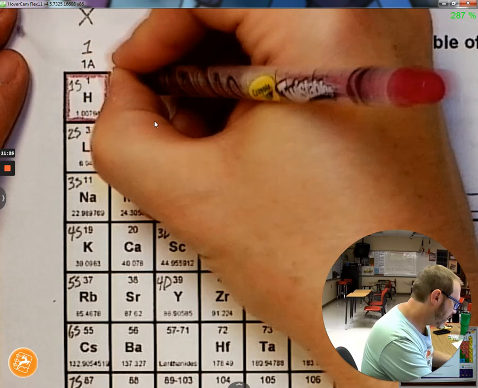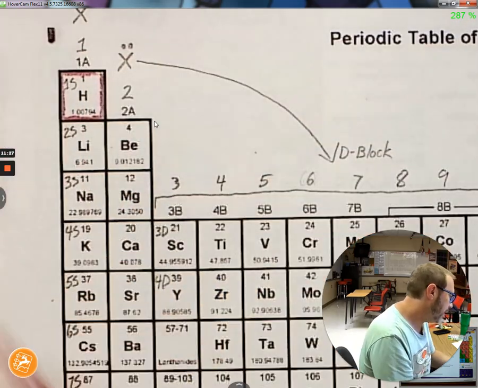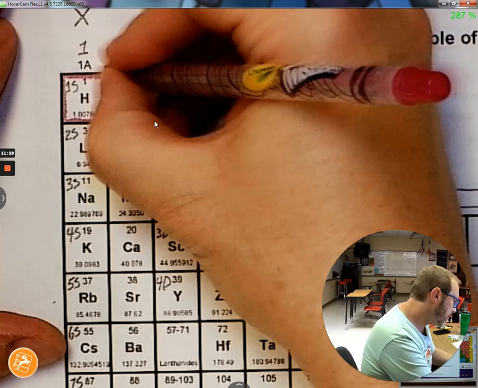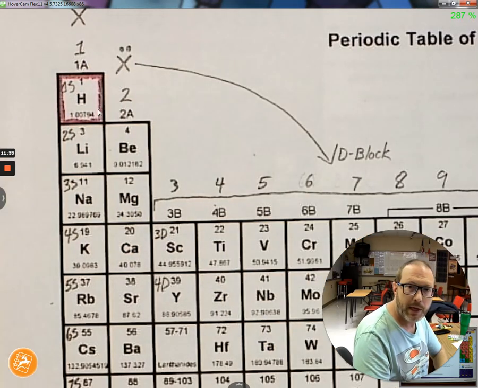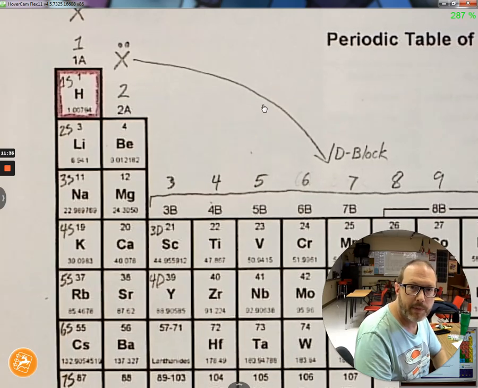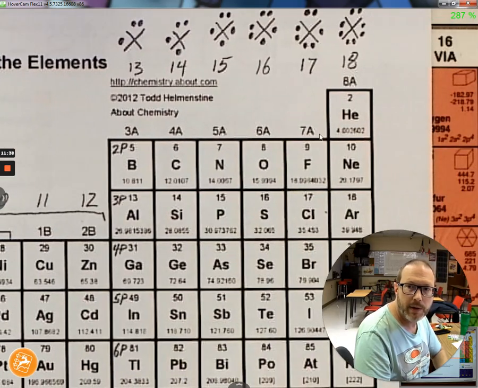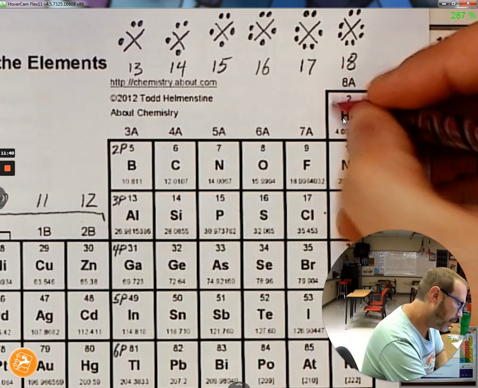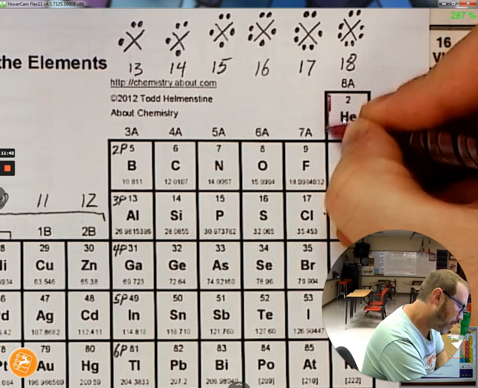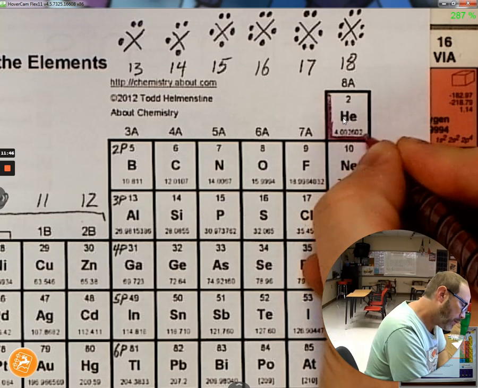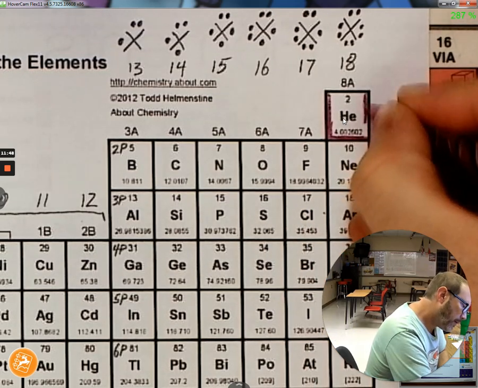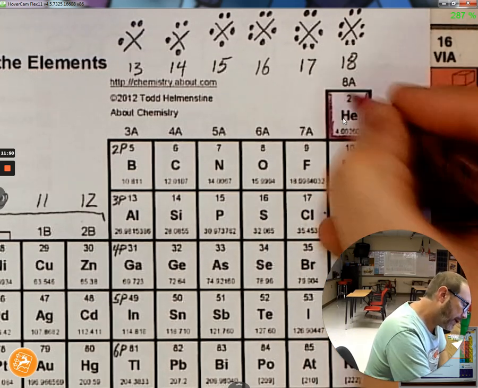If you would prefer to shade yours in, just be sure that you can still read everything that's on the inside. And I'm going to use that same color of red, and I'm going to come over here to helium, and put a border around helium.